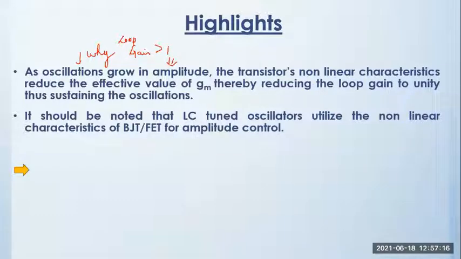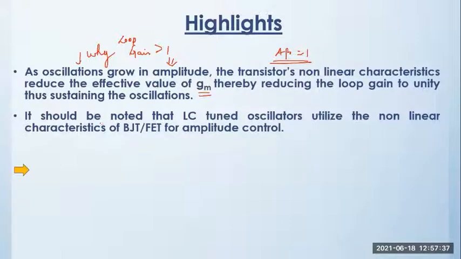Simple reason, because of non-linearity in the device. As we proceed with the oscillations, the value of GM will reduce. So finally you will get loop gain equal to unity at some point. That will help you get sustained oscillations.